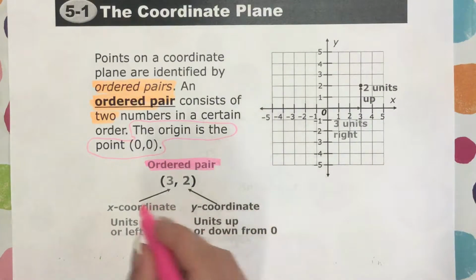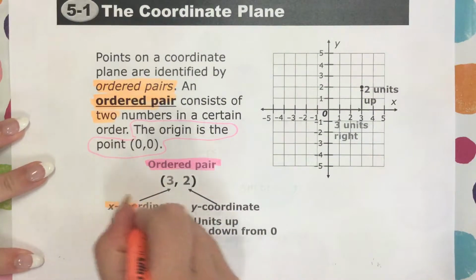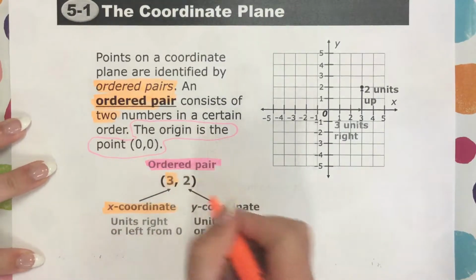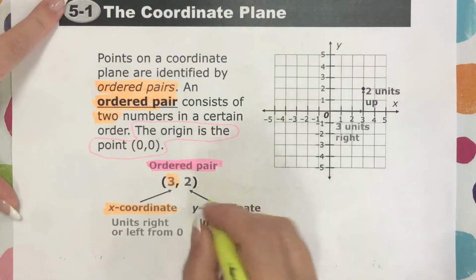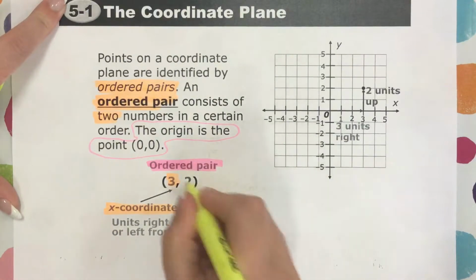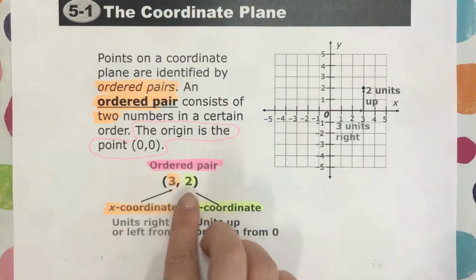Now it has an x coordinate here, which is 3. Okay? And it has a y coordinate, which is 2. And that's really the pair, because there's two things.